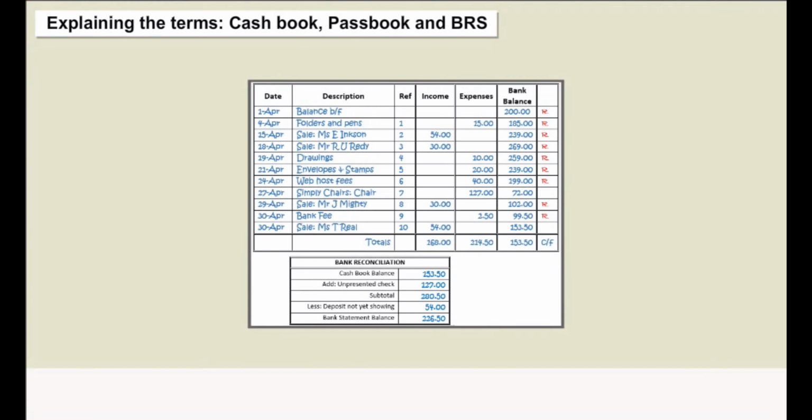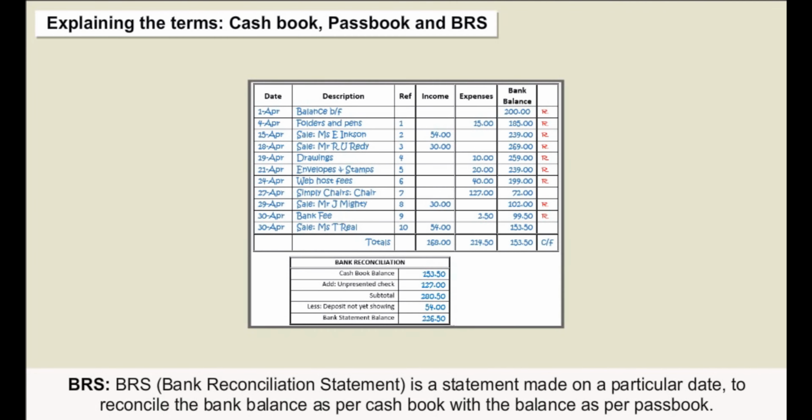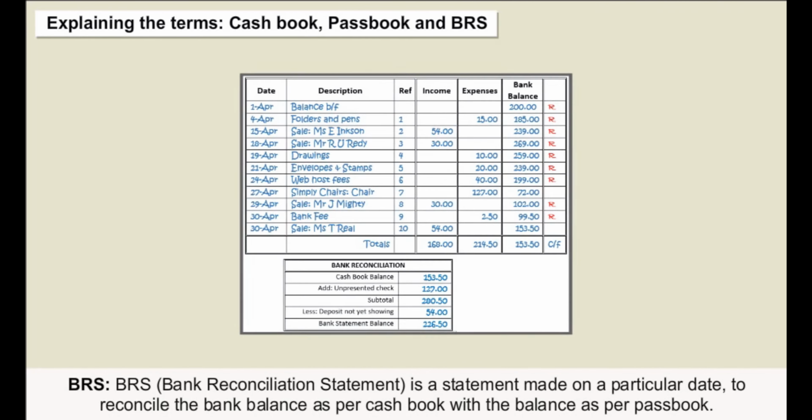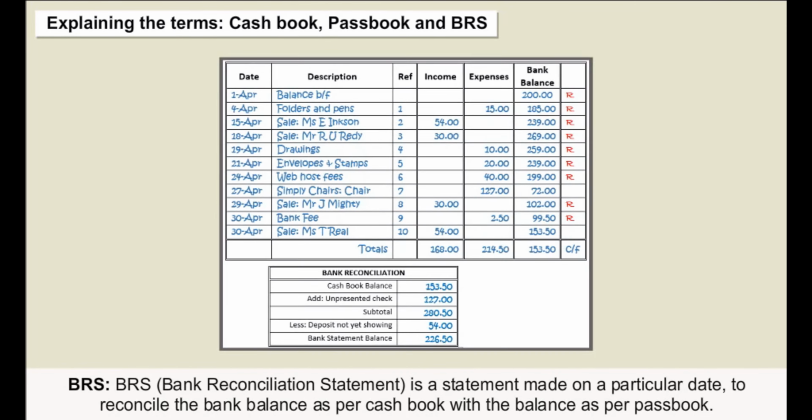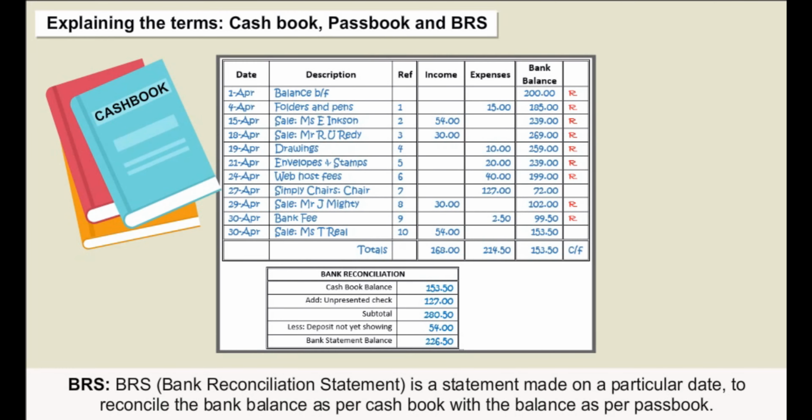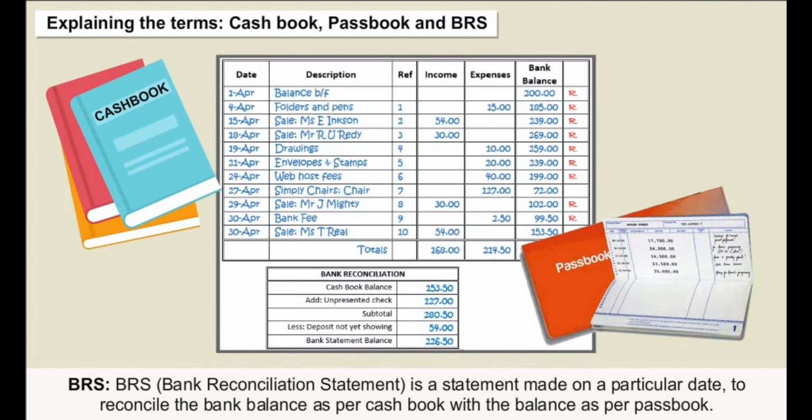Passbook. It is a copy of the customer's bank account as it appears in the books of the bank. BRS. BRS or Bank Reconciliation Statement is a statement made on a particular date to reconcile the bank balance as per cash book with the balance as per passbook.